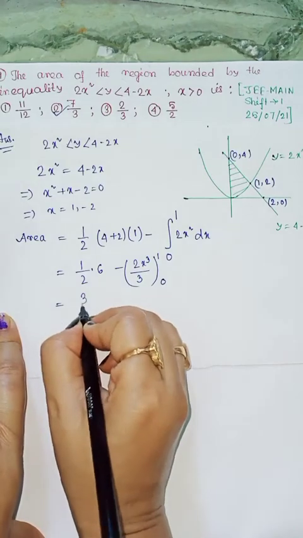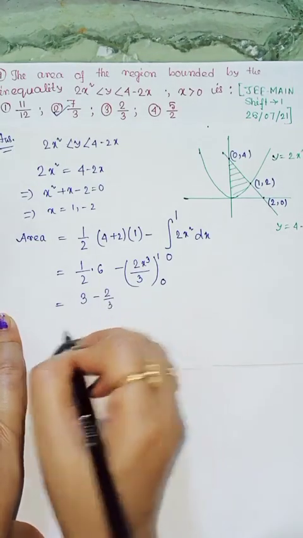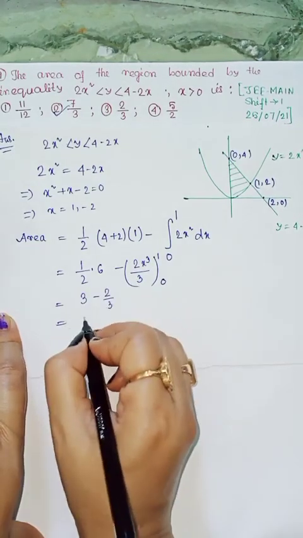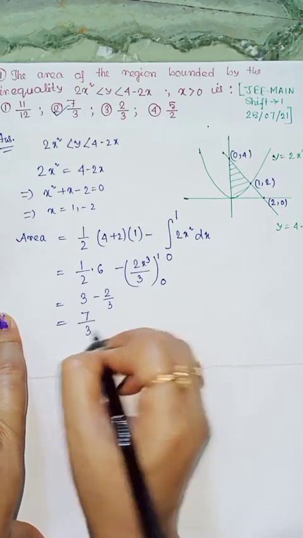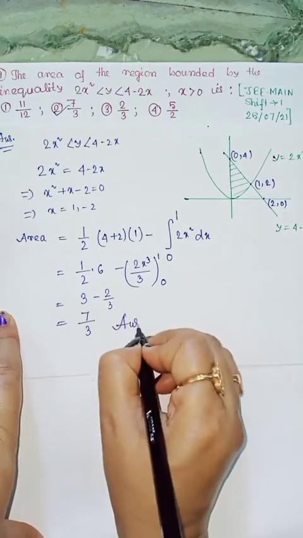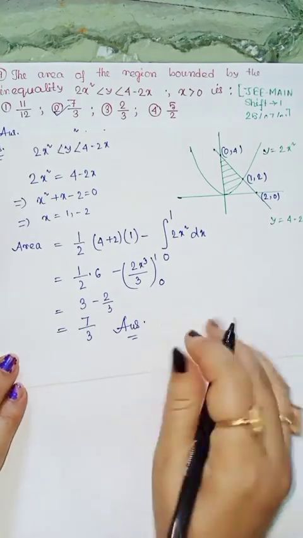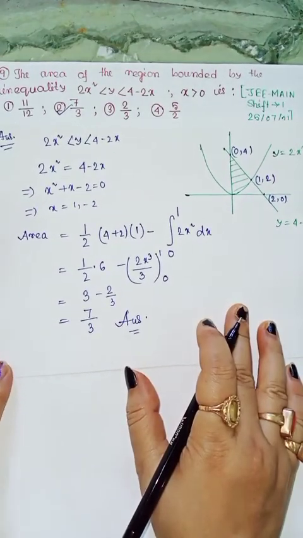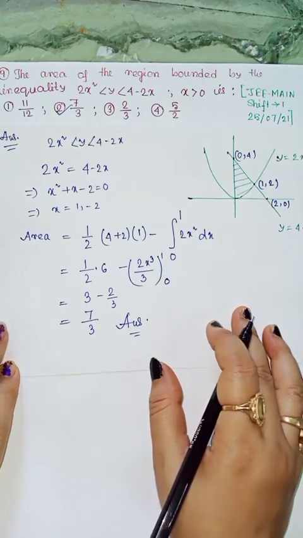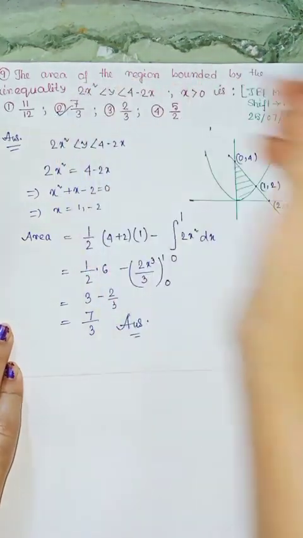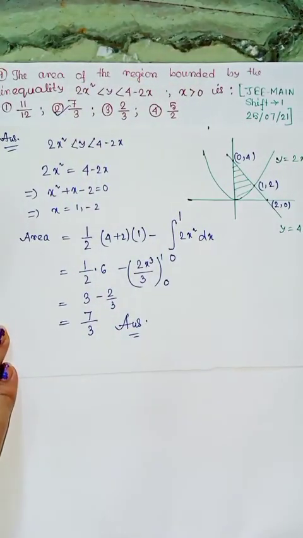So that is equal to 3 minus 2 by 3, and that is equal to 7 by 3. So it is our required solution, and the right option is option 2, our correct choice.